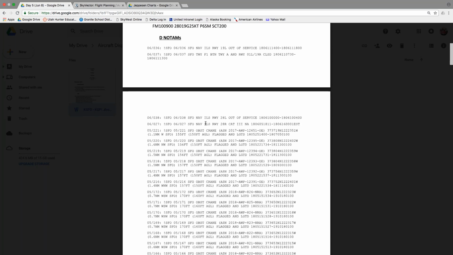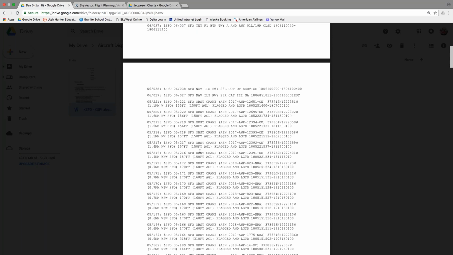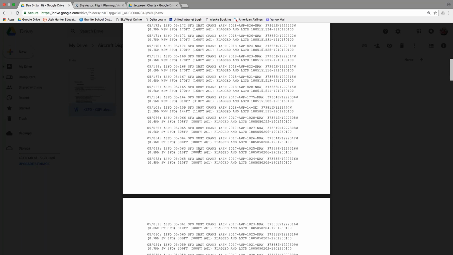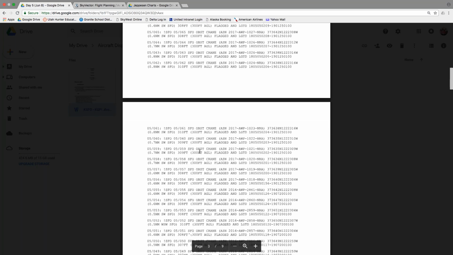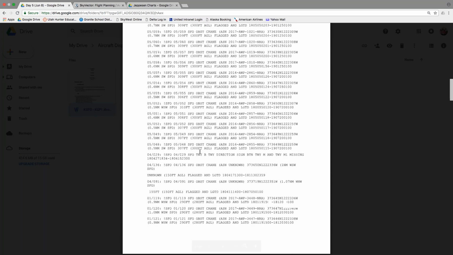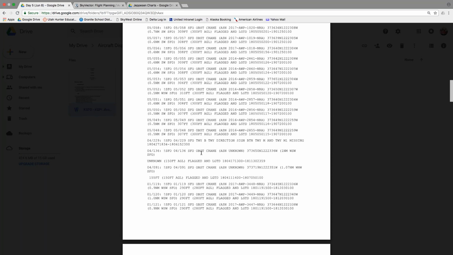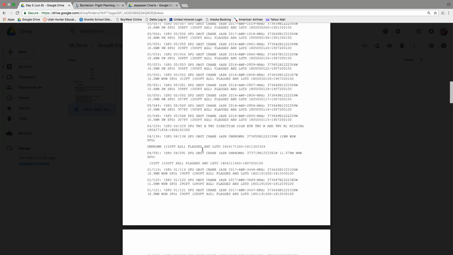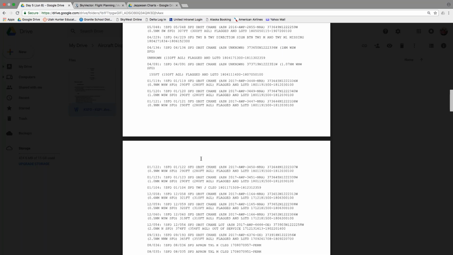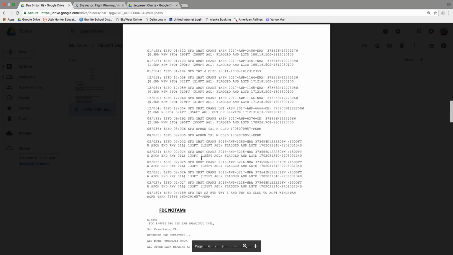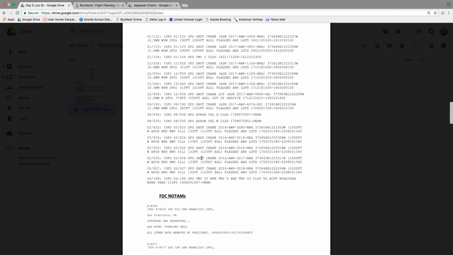Once again, nav ILS, we've got obstacles that the pilot's going to have to be aware of. A couple more obstacles. See a taxiway, another obstacle, obstacle. So we just cruised through 2 pages of NOTAMs in about 5 seconds, right?